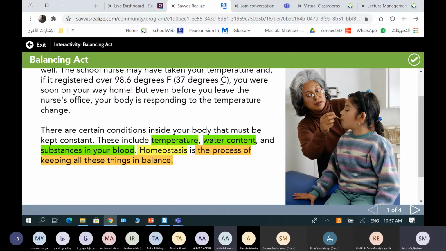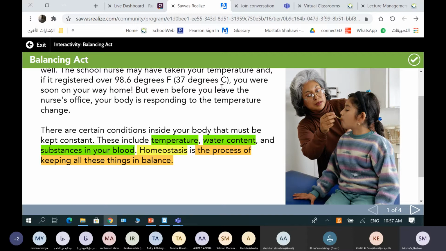Yes, like Abdullah said, wearing gloves, coats, or heavy clothes during the winter. The opposite happens in the summer: you sweat, you wear summer clothes, you go to the beach, to keep your body stable at 37, not higher.